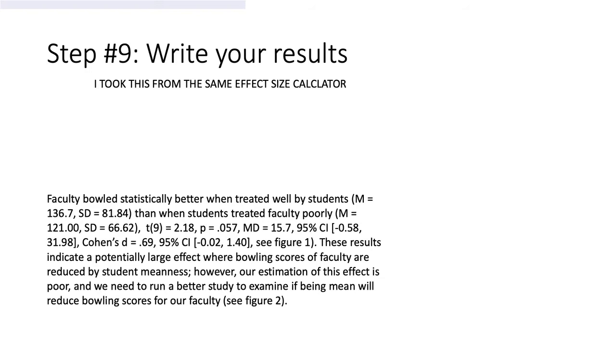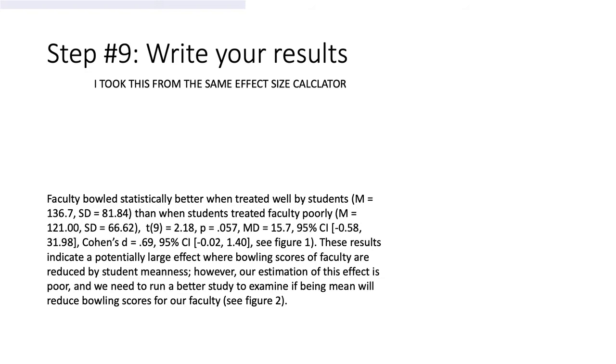Then when students treated faculty poorly, mean 121, standard deviation 66.62. t with 9 degrees of freedom equals 2.18. Our p-value equals 0.057 or 0.06. Our mean difference equals 15.7. The 95% confidence interval of that mean difference equals negative 0.58 to 31.98. Cohen's d equals 0.69. The 95% confidence interval of that Cohen's d equals negative 0.02 comma 1.40. See figure 1.